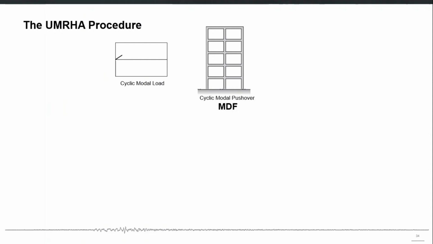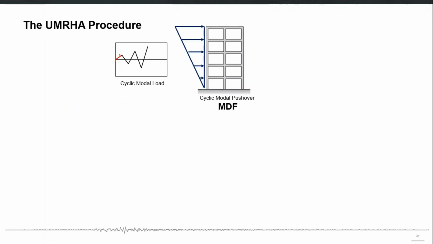So this is the cyclic pushover analysis: you apply some load in one particular direction, then we change the direction and increase the amplitude, then again change the direction, again increase the amplitude, and we keep on doing it.